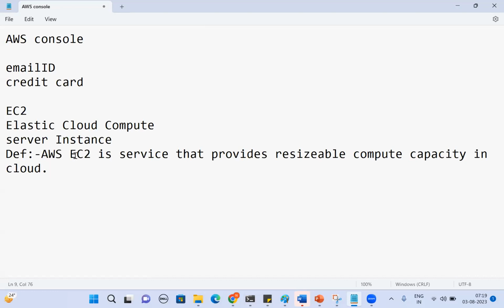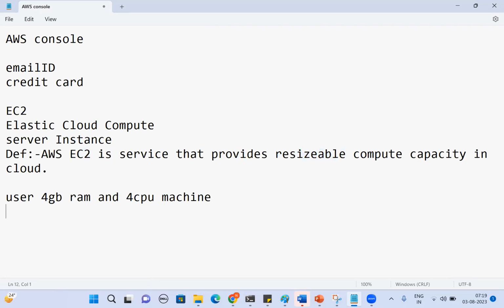So EC2 is also a service. What is meant by resizable compute capacity? Suppose a user wants a machine with 4 GB RAM and 4 CPUs. That is the configuration the user suggested.